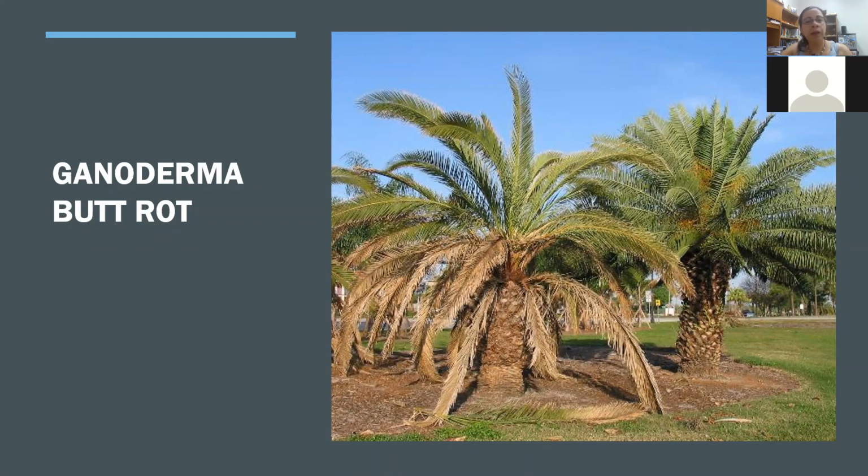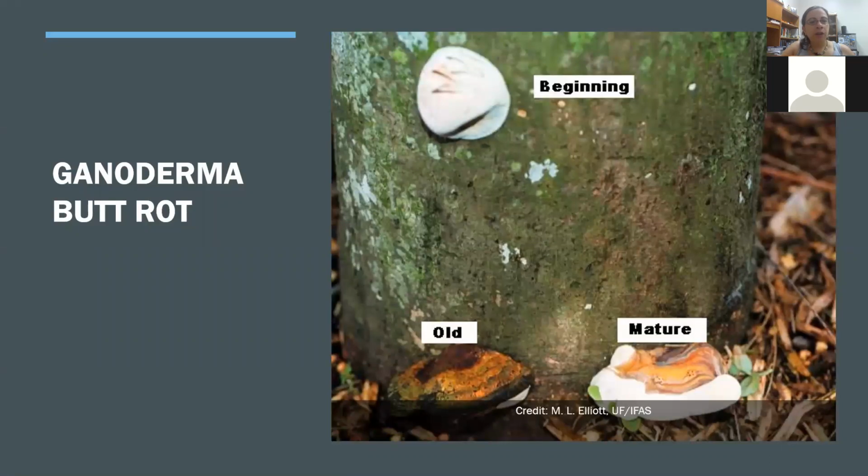With Ganoderma rot, you get the browning of the leaves, but usually people don't really notice it until they actually do have the conchs as well. So you see here a beginning, mature, and old version of this Ganoderma, and I actually have an example here. If you can see me at all, I'm currently holding up an example of one of these small Ganoderma conchs.